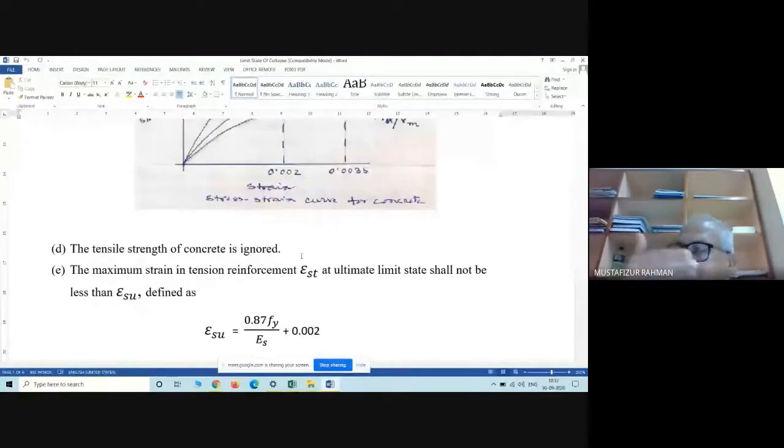If you try to imagine a beam having length L, width B, depth capital D, and we cut along the lengthwise, we will get the longitudinal section. If we cut along the y-axis, it is the cross-section. In the longitudinal section, you will see there is deflection at the midspan.